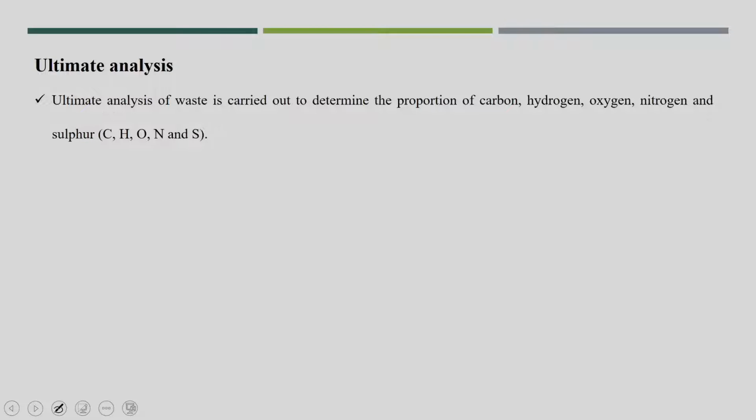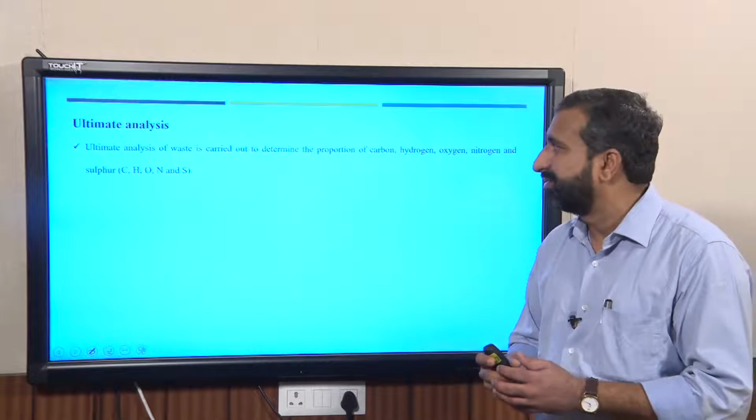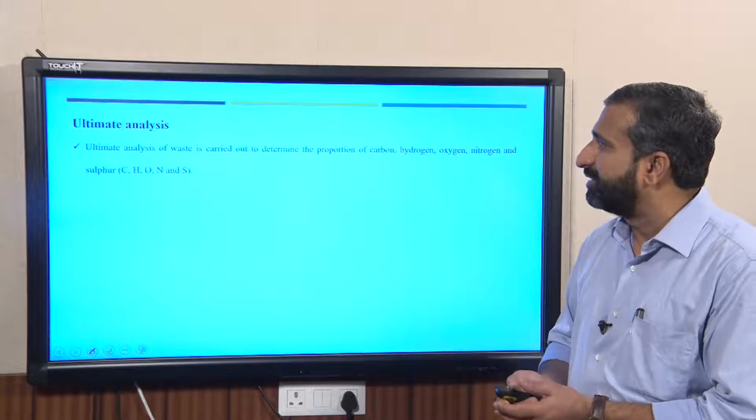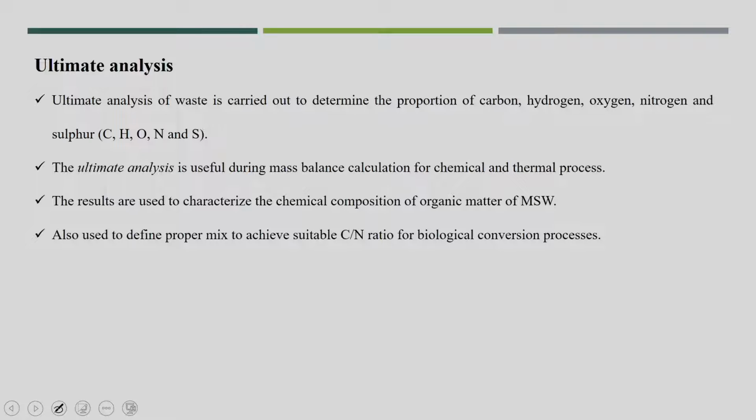Now, the ultimate analysis. Normally, the ultimate analysis of the waste is carried out to determine 5 different parameters: carbon, hydrogen, oxygen, nitrogen and sulfur. These are the 5 components normally analyzed to get the ultimate analysis. If you know the hydrogen concentration, it is very good for the combustion facility, and even a higher carbon concentration is very good for the combustion facility.